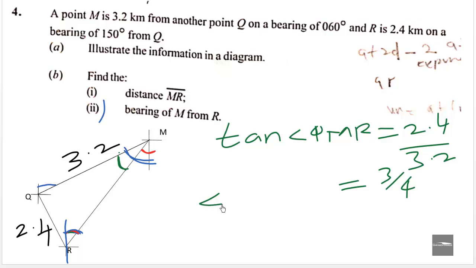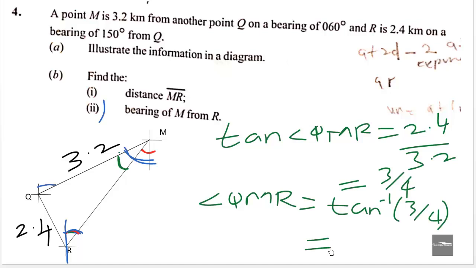So angle QMR will be equal to tan inverse of 3/4, which is equal to 36.8698898.